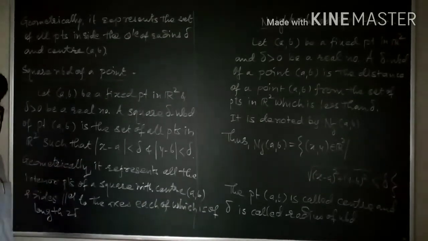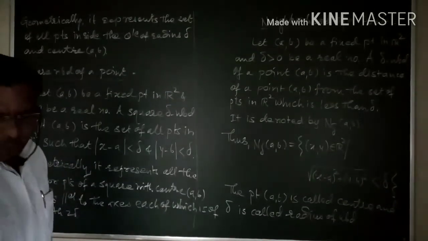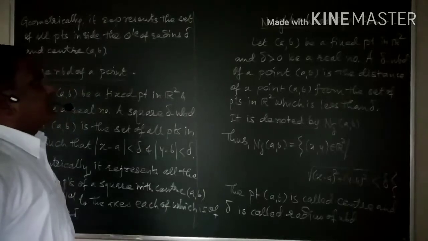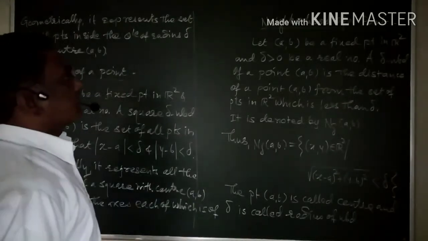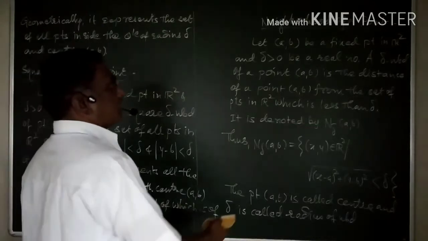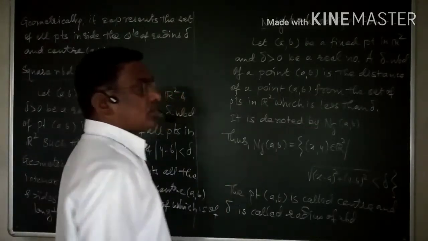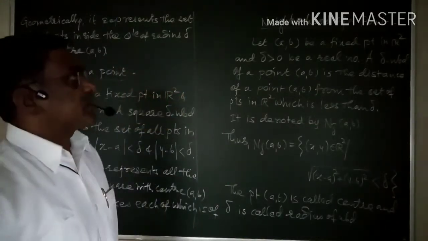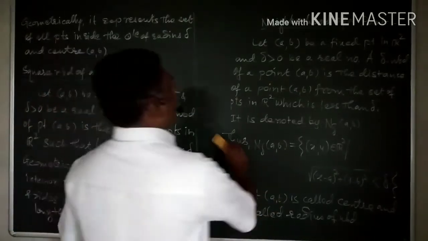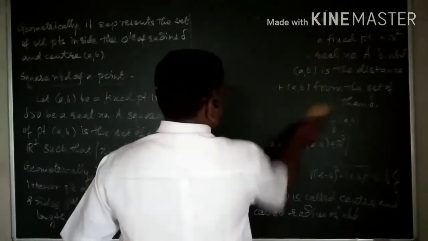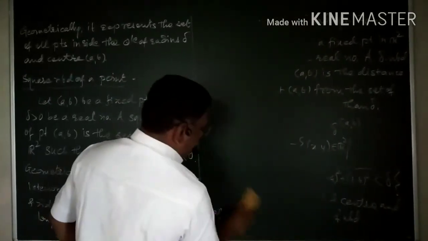These are the definitions of square and circular neighborhood of a point (a, b), which belongs to the two-dimensional space, what we call the xy plane or R2.